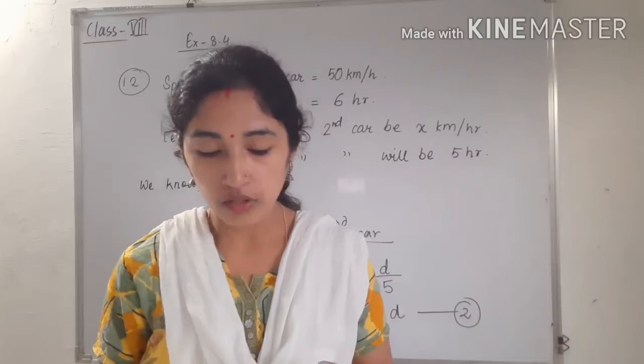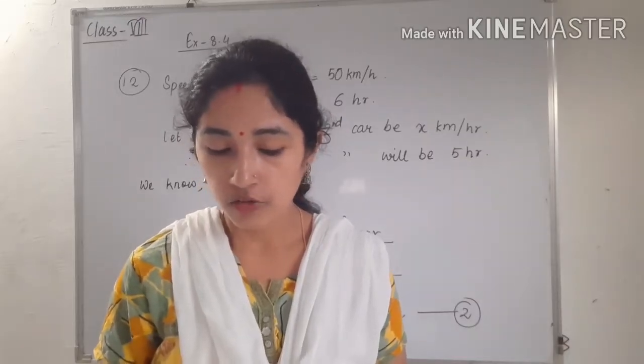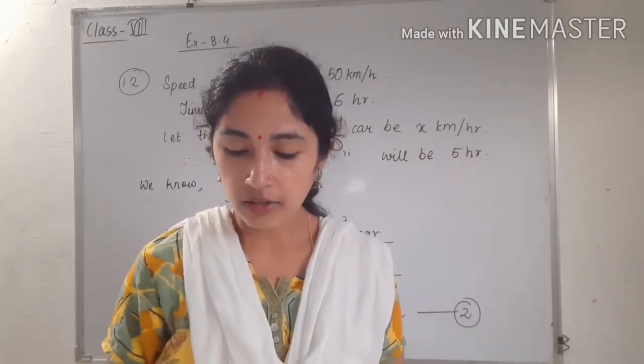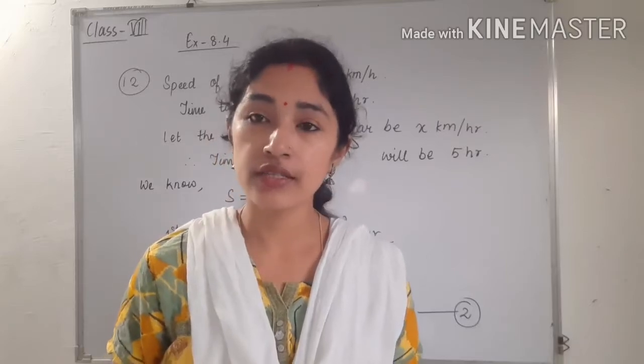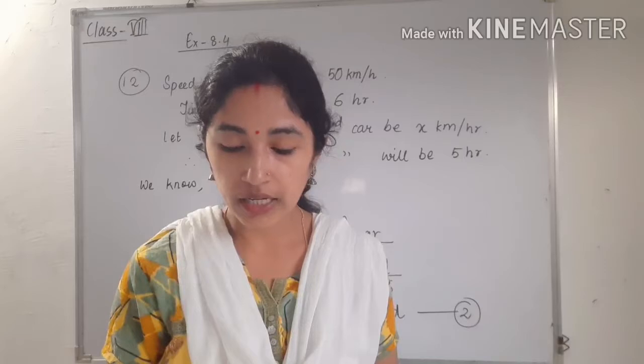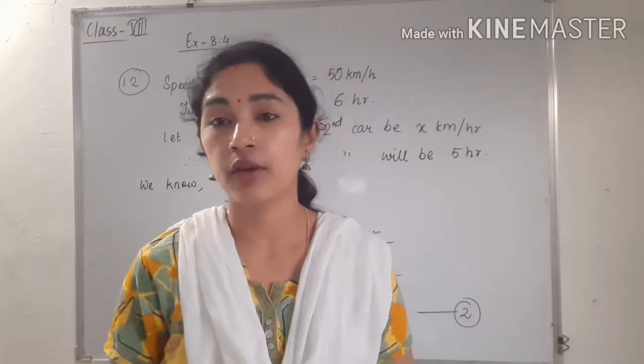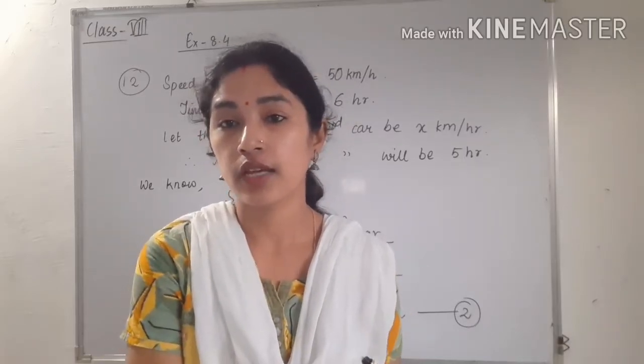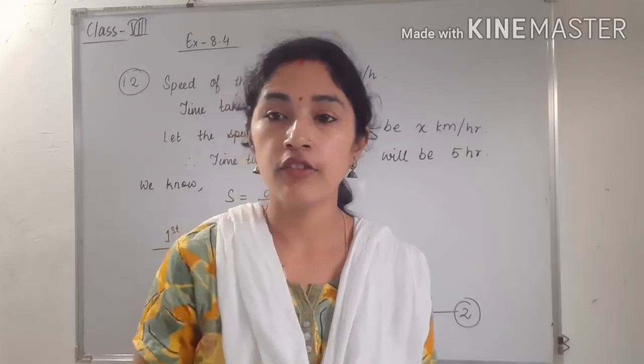Okay, at 12 noon, the second car left from the same place. Okay, and it is also going in the same direction. And what will happen? After some time, it overtakes the first car at 5 p.m. on the same day. That means on the same day, it overtakes the first car.